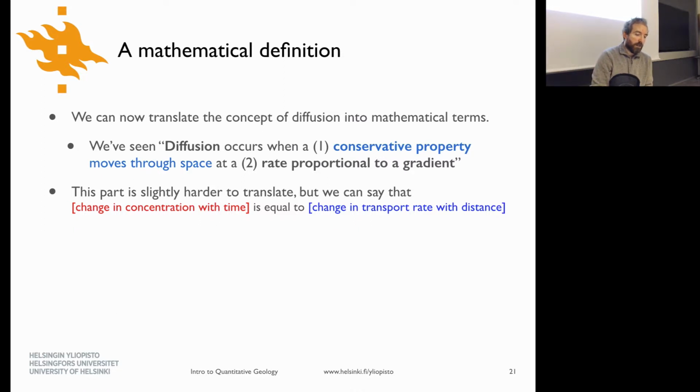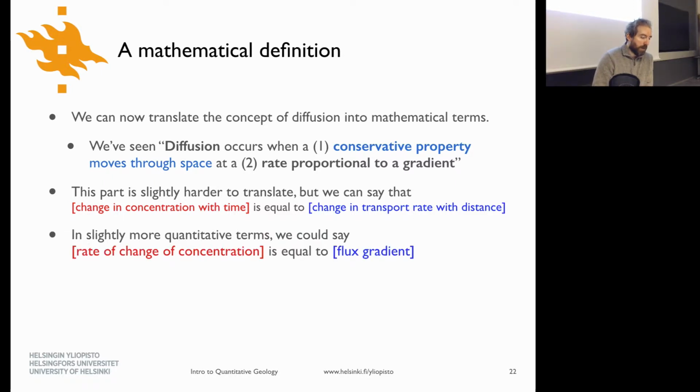It's equal to the change in transport rate with distance. So this is the moving through space part of this translation. It is admittedly a little bit harder to directly translate this. But this conservative property basically is just that whatever the change is with time is going to be related to some kind of change in transport rate with distance.